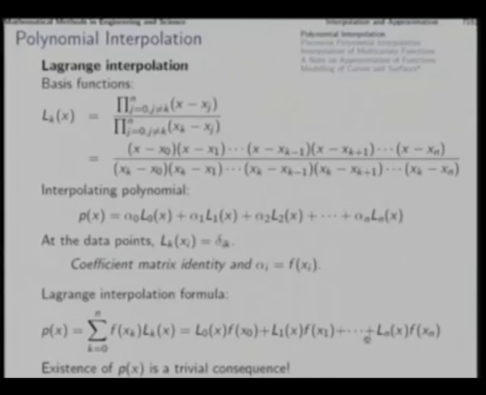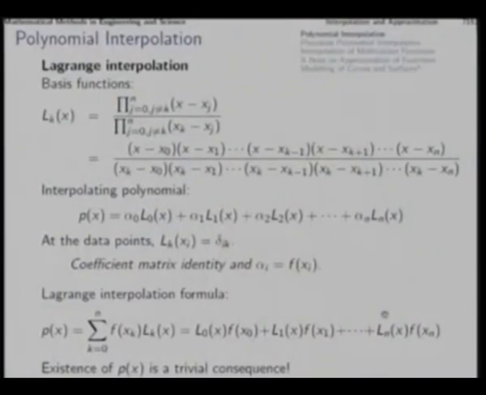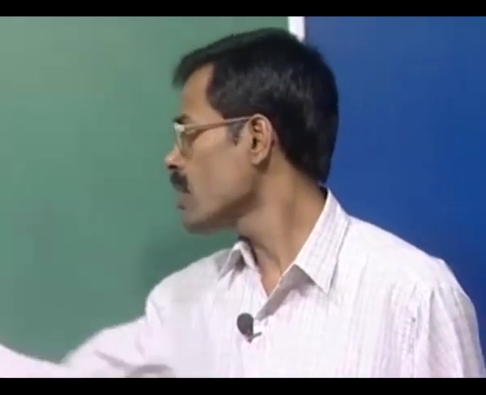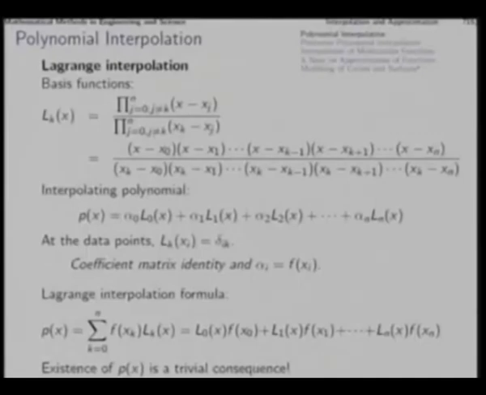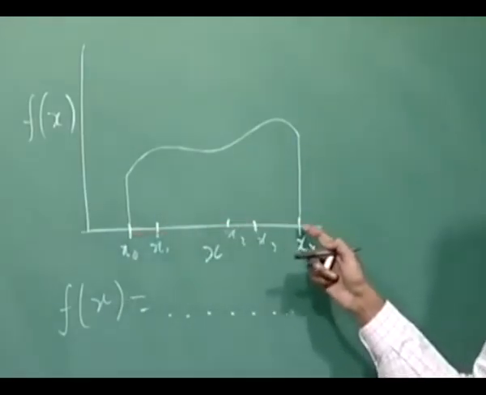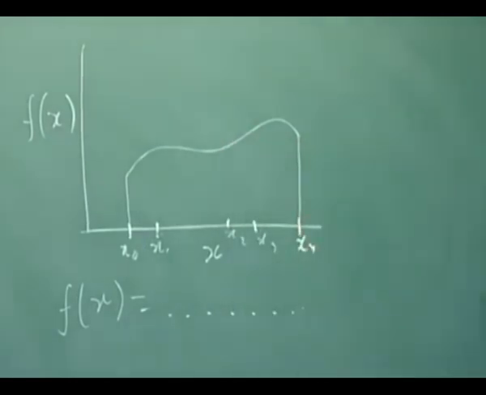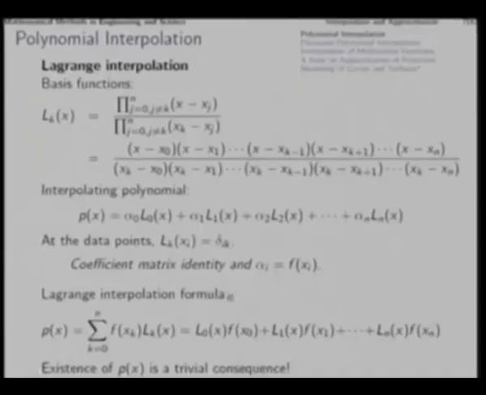Now, note that in this development from here to here we have done nothing which will not be possible for arbitrary data, arbitrary points and arbitrary function values. That means for any set of points and for any function values, this polynomial will always exist, and this is an nth degree polynomial.